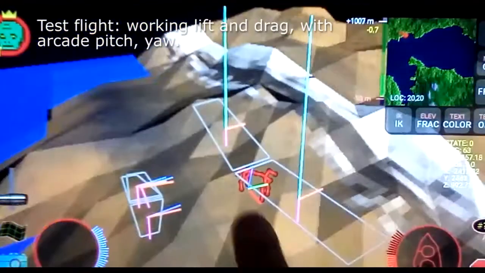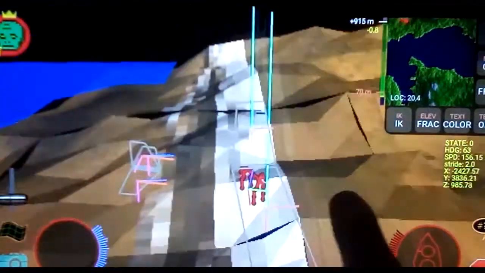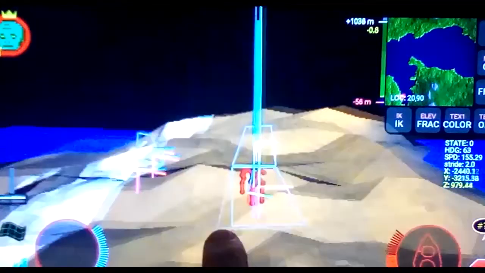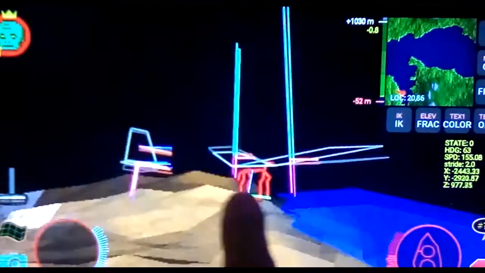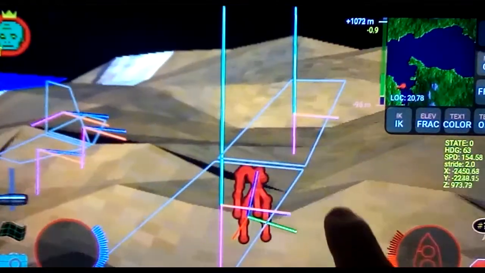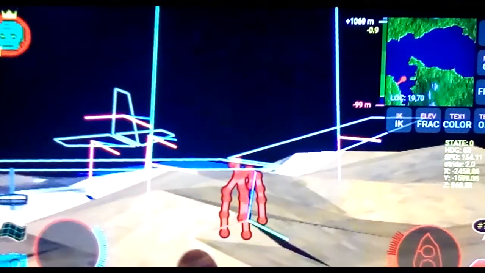I reproportioned my wings to be a little closer to a Cessna. These light blue lines going up, those are the lift lines. And you can see the forward vector and the wind vector are collinear on the primary wings.